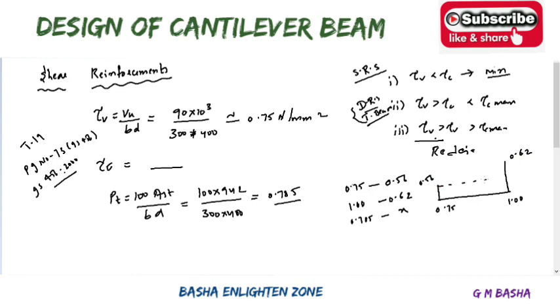So for 0.75 it will be around 0.56, and for 1 it will be around 0.62. I am dividing it into the form of a triangle and a rectangle. Wherever you take the rectangle, it will be the same, and the difference of these two will be 0.06. Again I want the value at around 0.785. Here the entire rectangle will be 0.56 only, but here we want this difference up to this position, so take these two similar triangles.